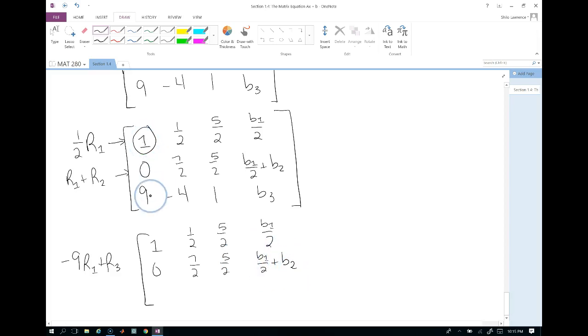So I get negative 9 plus 9 is 0. Negative 9 halves minus 4 is negative 17 halves. Negative 45 halves plus 1 is negative 43 halves. And then I've got negative 9B1 over 2 plus B3.